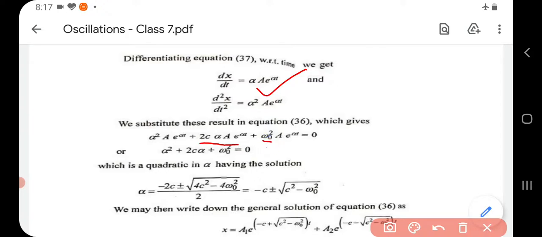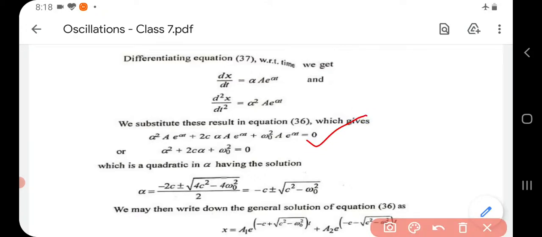Then omega 0 square x, instead of x you can write a e raised to alpha t. So you assumed a solution x equal to a e raised to alpha t, differentiated with respect to t to get dx by dt, and again differentiated with respect to t to get d square x by dt square. Now you just substituted those values in equation 36 and you obtained an equation like this.